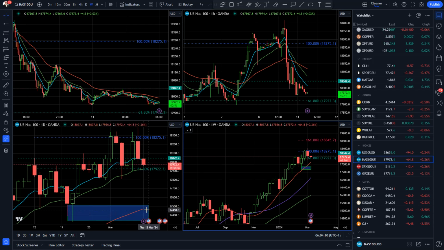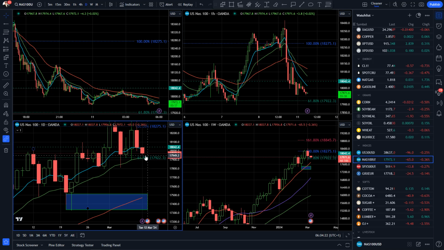So in the next period, structurally there is a chance for a further drop and a bigger pullback on the weekly time frame, so pay attention to that potential drop and downside move on the NASDAQ 100.